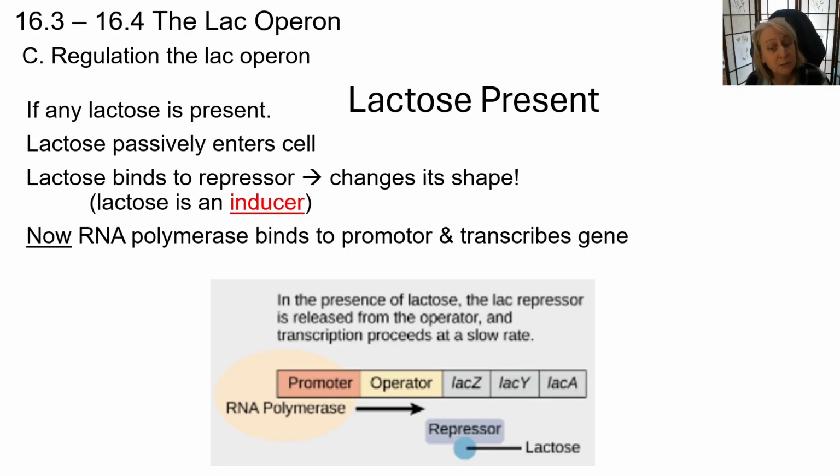If lactose is present, lactose acts as an inducer. It induces by removing the repressor from the operator. So for every lactose molecule, it deactivates one repressor. RNA polymerase can bind to the promoter, and it makes its way through the free operator and can transcribe.